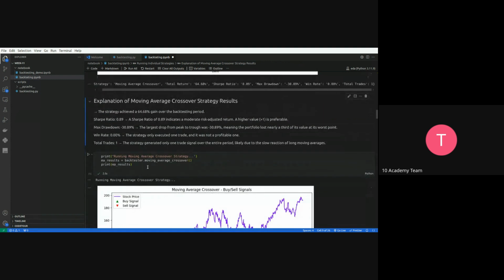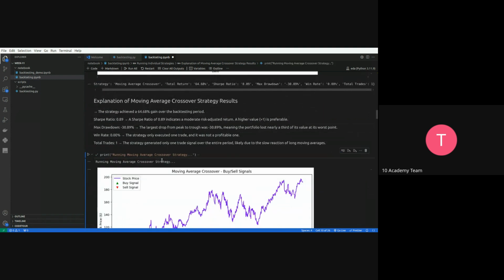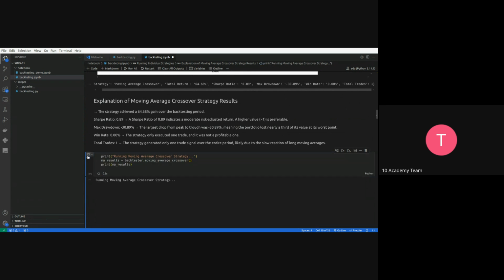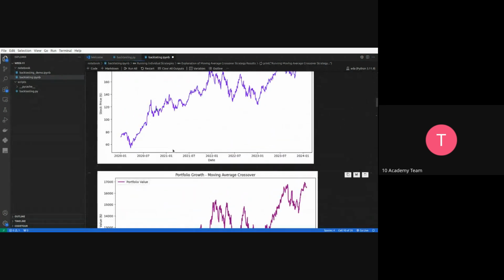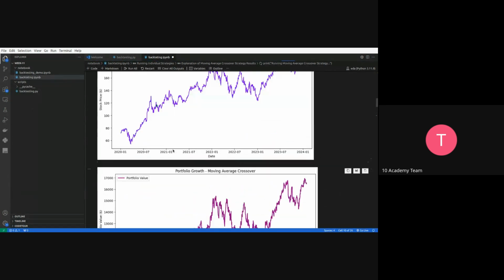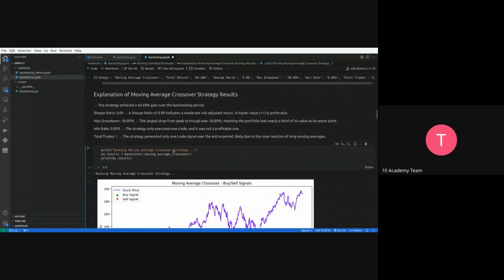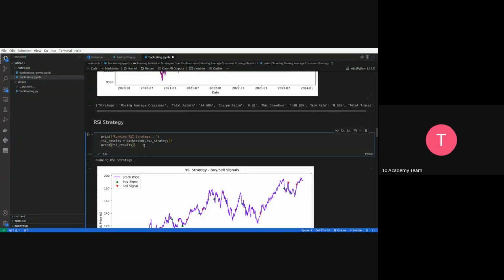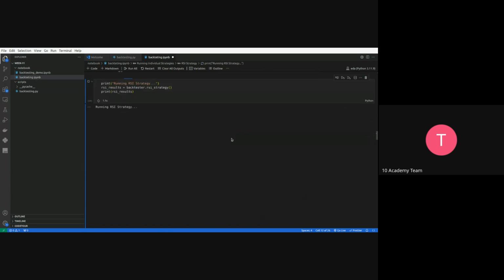But if we try the other one, I think it's moving average crossover, I think it's the same. I duplicated this step. The next one, for example, is the RSI, Relative Strength Index strategy.